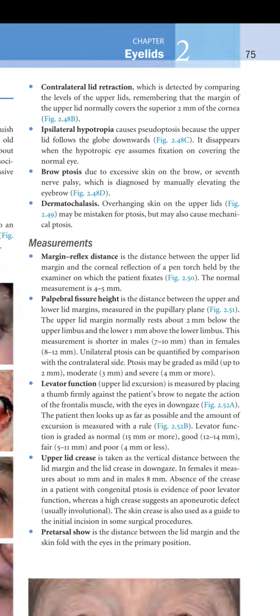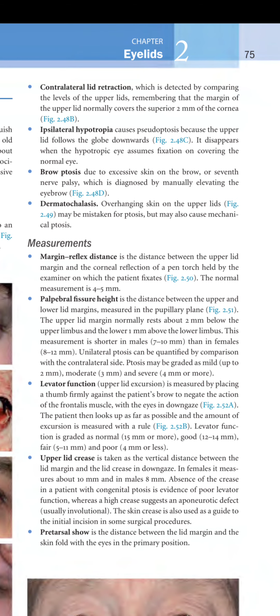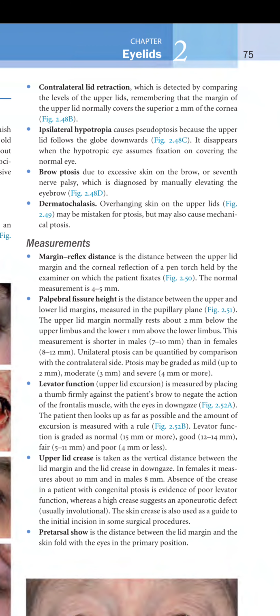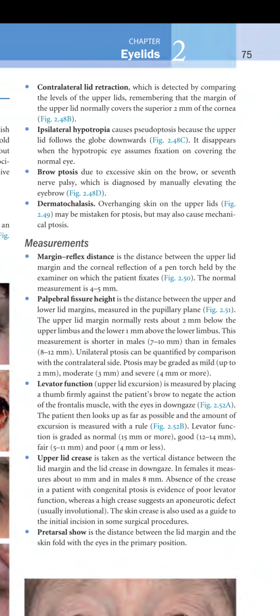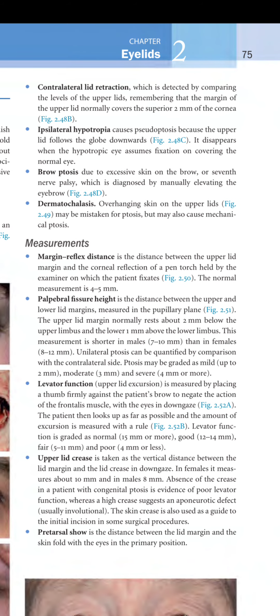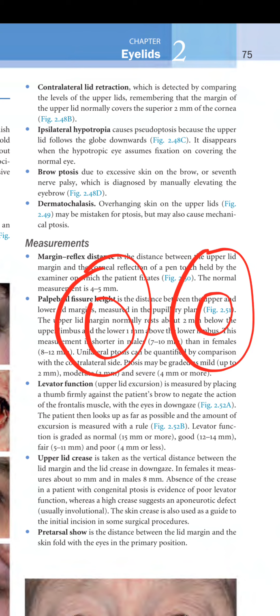Ipsilateral hypotropia causes pseudoptosis because the upper lid follows the globe downwards. It disappears when the hypotropic eye assumes fixation on covering the normal eye. So in case of a monocular elevation deficiency, the eye is having a hypotropia.